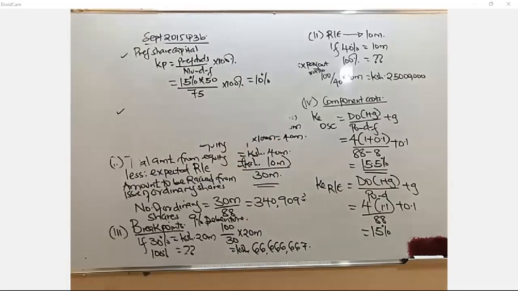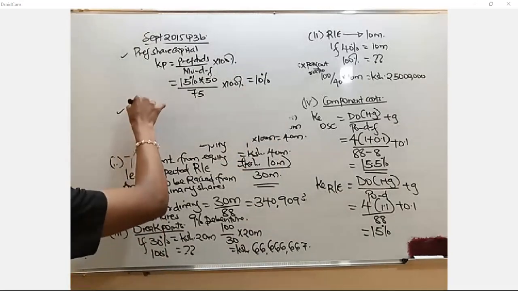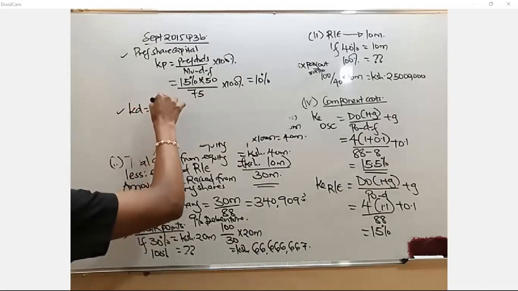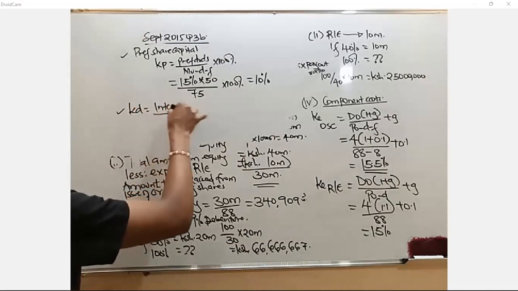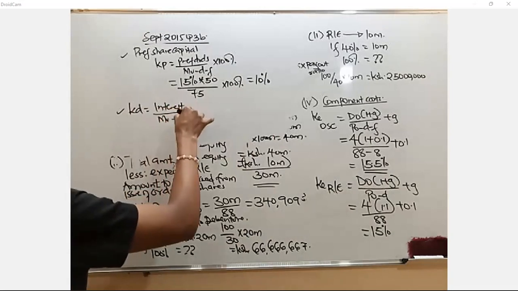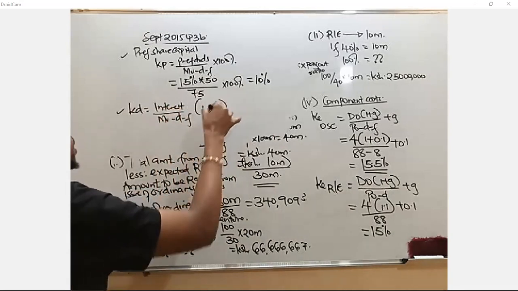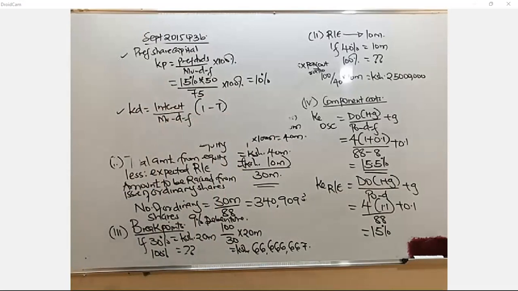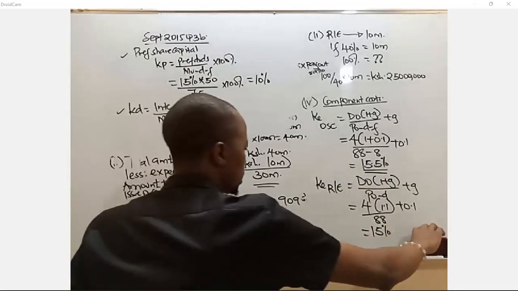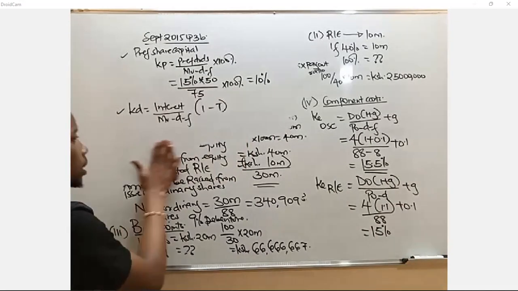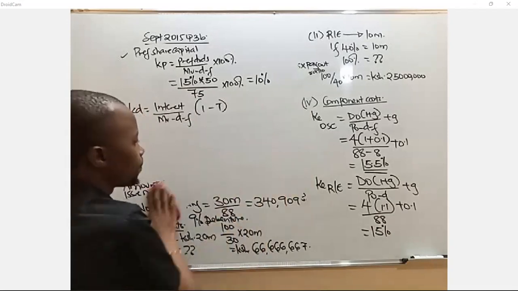Then we go to the last one, not the second last, because we have different sources. For the cost of debt, I have not seen the number of years. So we use the irredeemable formula: the interest, divided by the market value minus discount minus flotation, times 1 minus T. Correct? So what am I going to be doing here? I can see we have two kinds of debt sources.